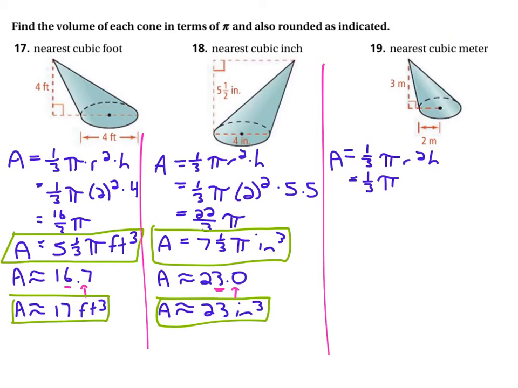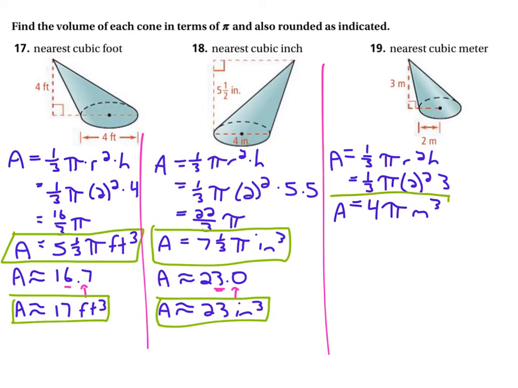They're showing us that the radius is 2. So we've got 2 squared. The height is 3. So right away I can take a third of that 3 that we're multiplying by. Third of 3 is 1. Hopefully you can see that. Third of 3 is 1. So 2 times 2 is 4, times pi is 4 pi meters cubed. Okay, that's our exact answer.